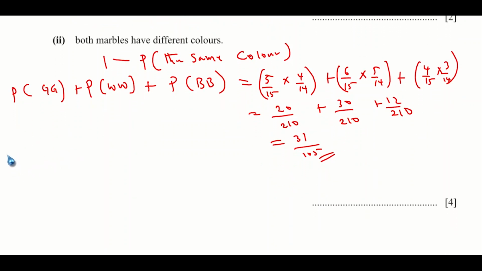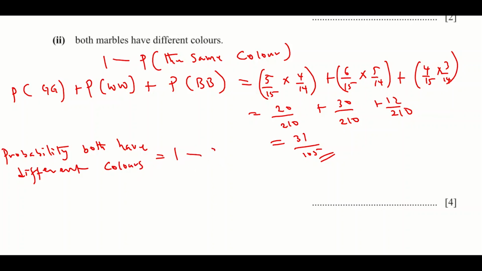Now the probability that they have different colors will be 1 minus the probability. So you can say the probability that both have different colors is 1 minus 31 over 105, so this will be equal to 74 over 105.